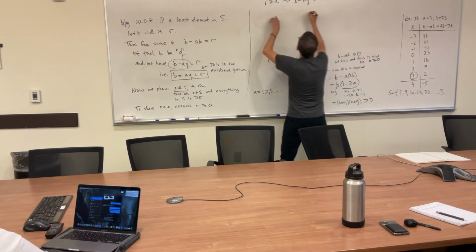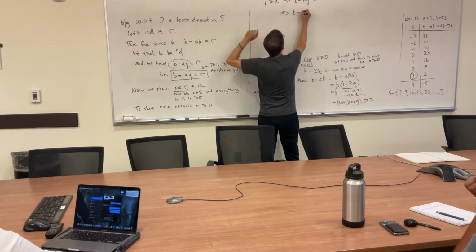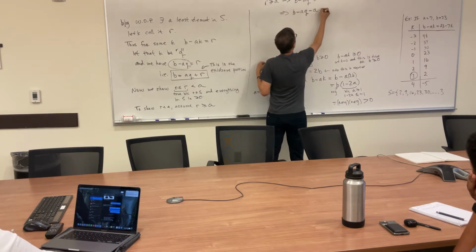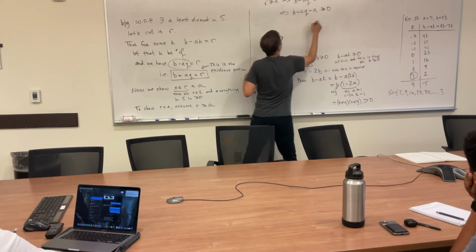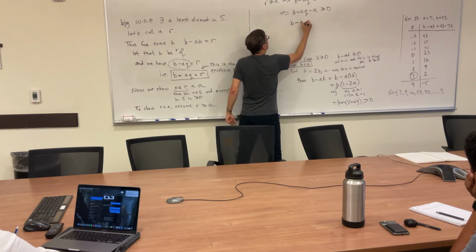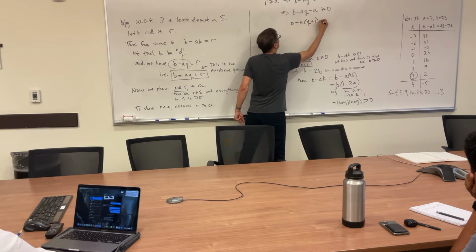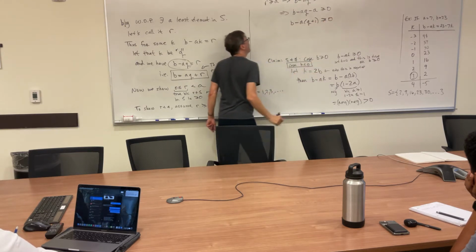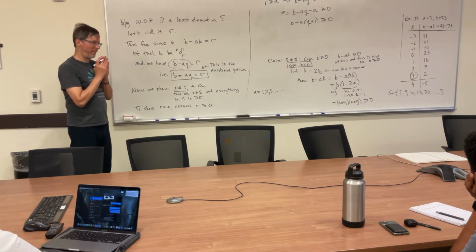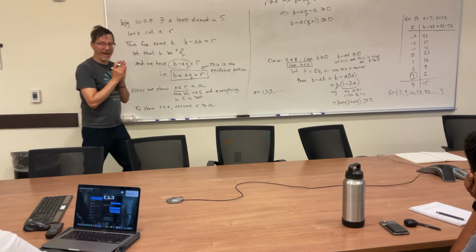So let's check this out. Well, let's subtract A off of both sides. Greater than or equal to 0. Here I can pull an A out. So now check it out.